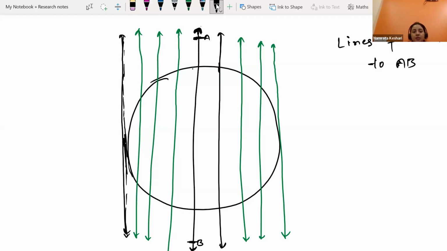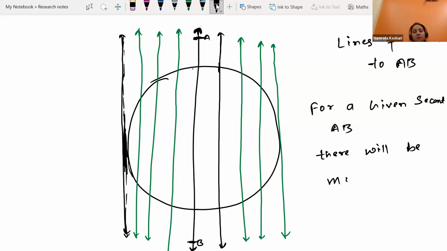What exactly are we doing over here? We are doing one activity to see that for a given secant AB, there will be a maximum of two tangents we can draw which will be parallel to AB.